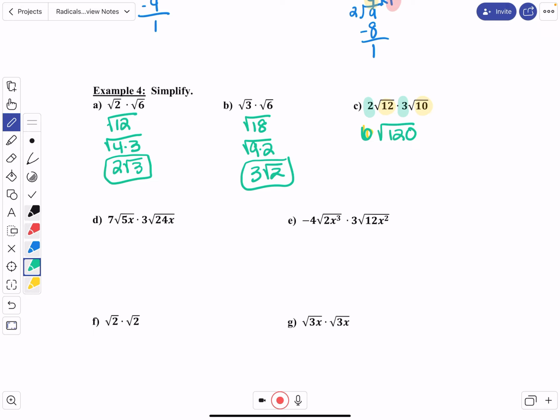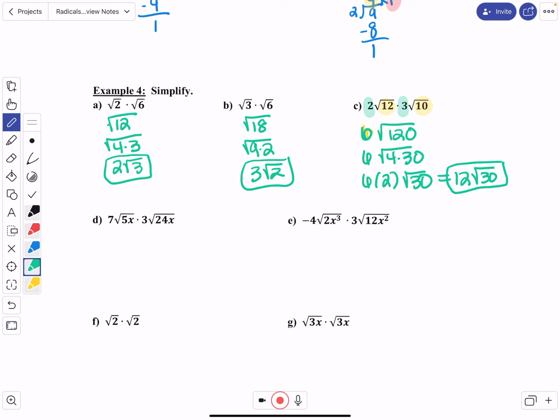So if I want to think of my biggest radical that goes into 120, let's see here, 20 divided by, that'd be 4. So 4 and 30. The square root of 4 turns into 2. And then 6 times 2 is 12. And then I have my 30.